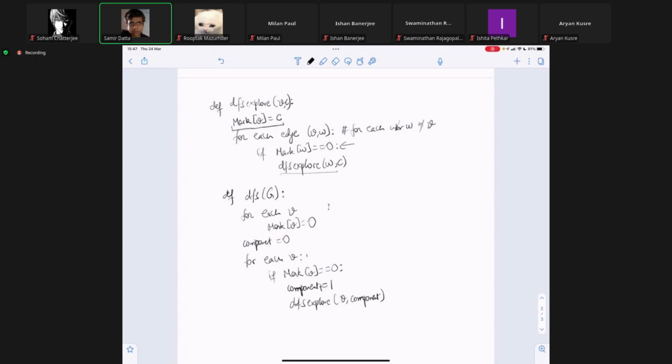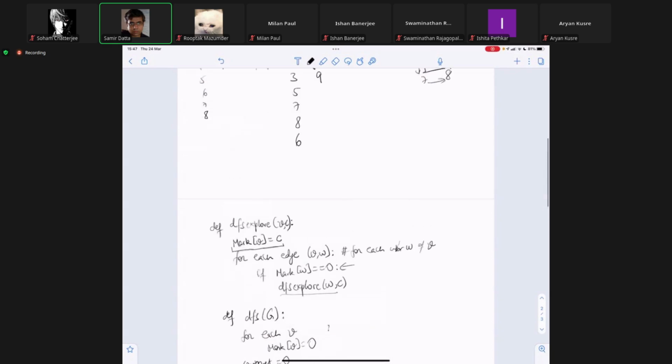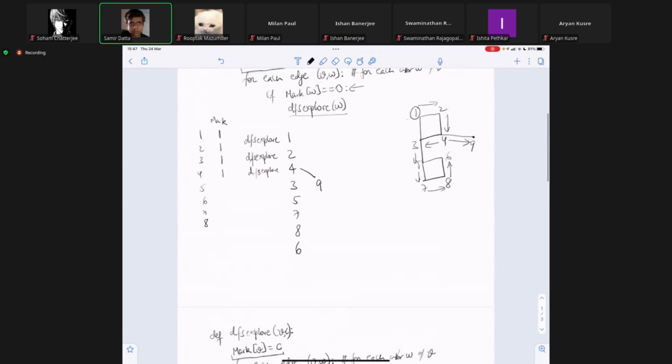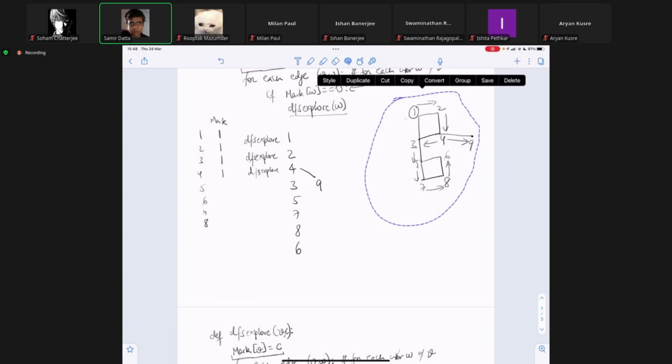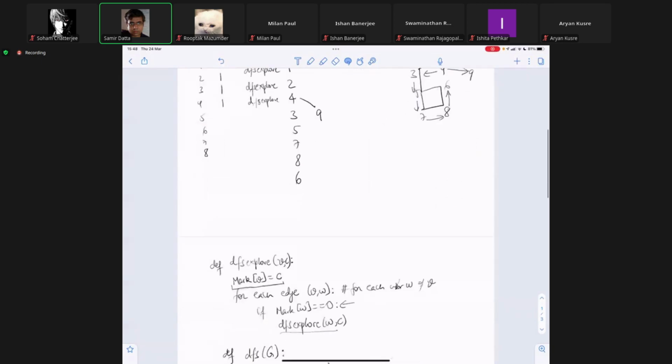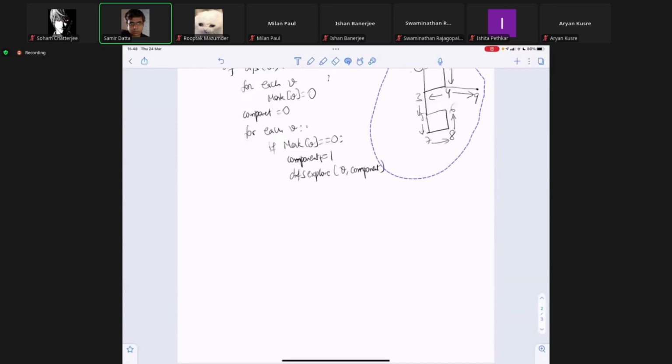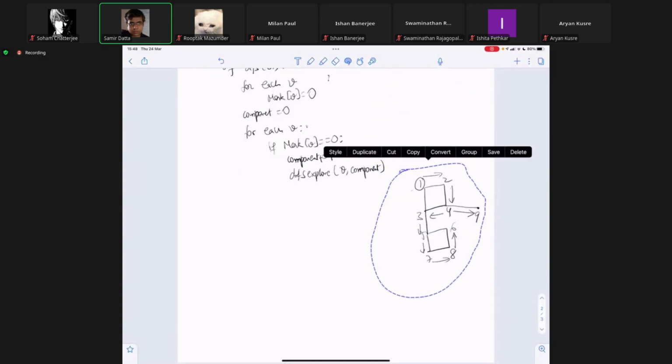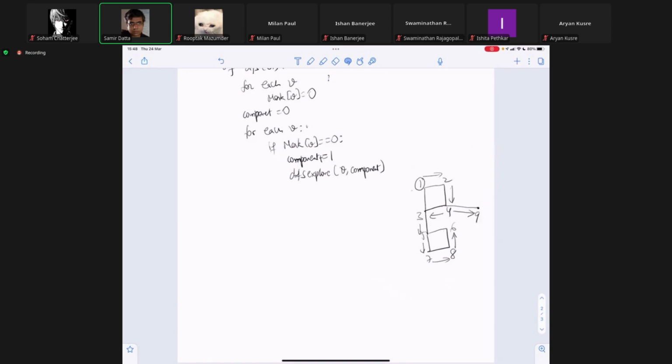Okay, very good. So now in this case, what are the non-tree edges? We can similarly, like in BFS, mark a tree also, correct? How would you mark a tree?